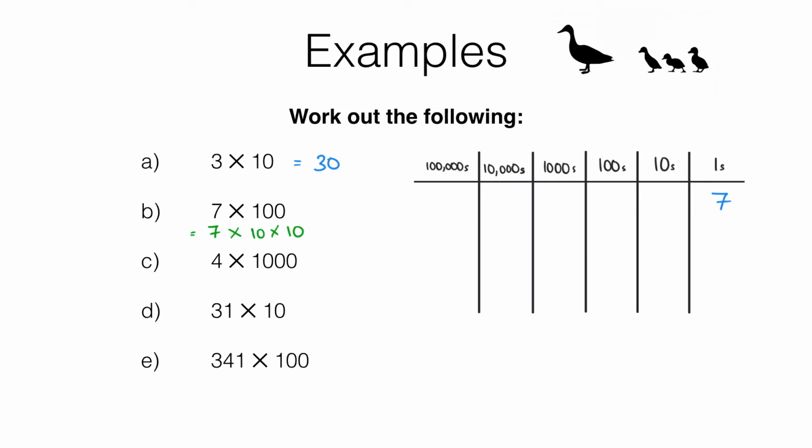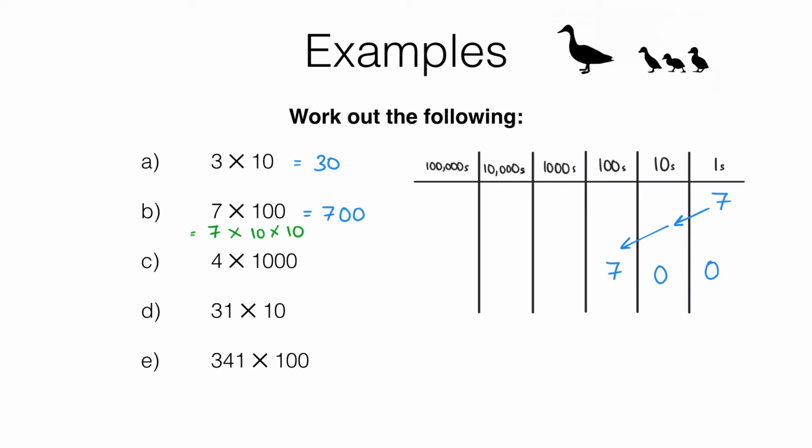To multiply it by 100, what we need to do is move it 2 place value columns to the left, because we're multiplying by 10 and 10 again. So we need to move the 7 2 place value columns to the left, so we end up with 7 in the hundreds column, so that's worth 700. Of course, we need our placeholder zeros. So 7 multiplied by 100 is 700.